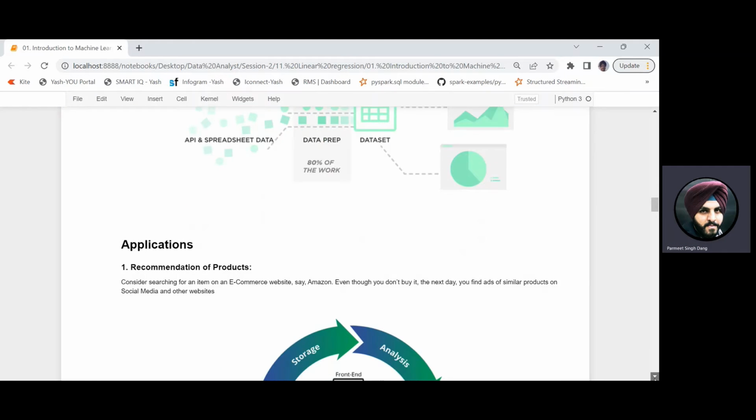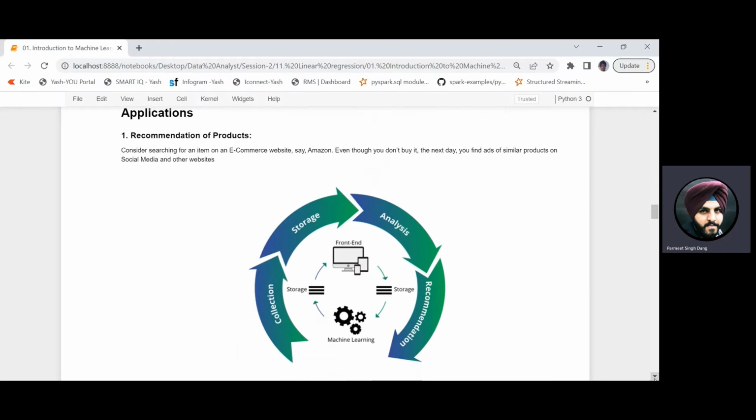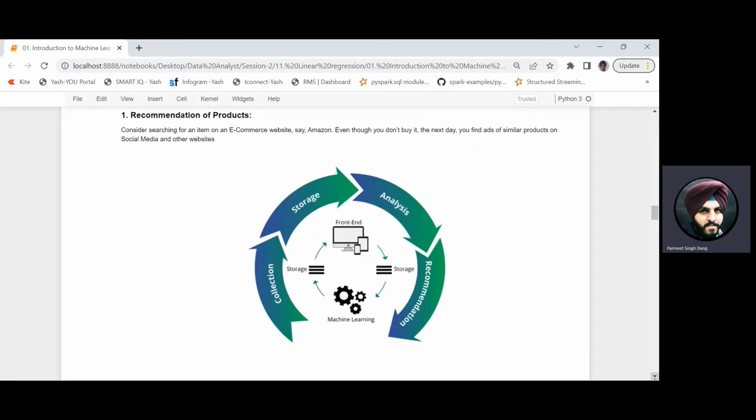Now, if I talk about the applications of machine learning, the first application is recommendation of products. Have you ever wondered that when you order something from Amazon, let's say you ordered bread, why it recommends butter, and why it is not recommending a belt, bag, table or any furniture?